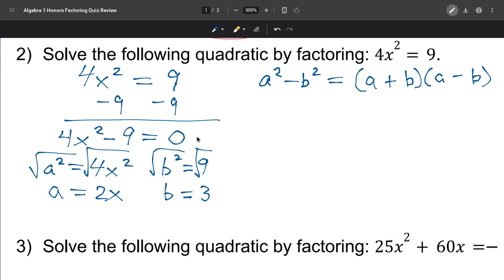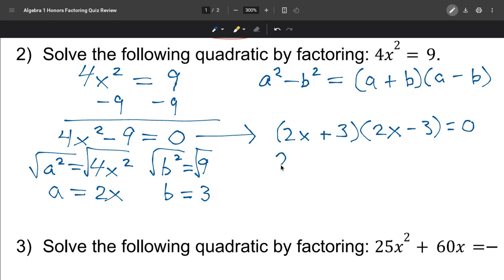So we can rewrite this equation to 2x plus 3 times 2x minus 3. That equals 0.